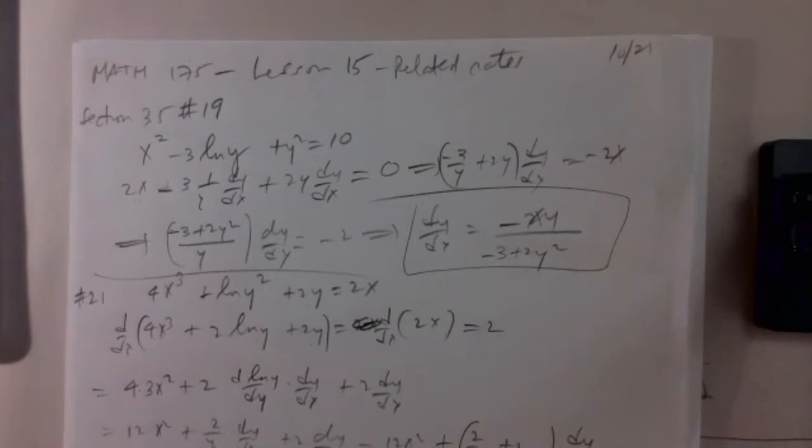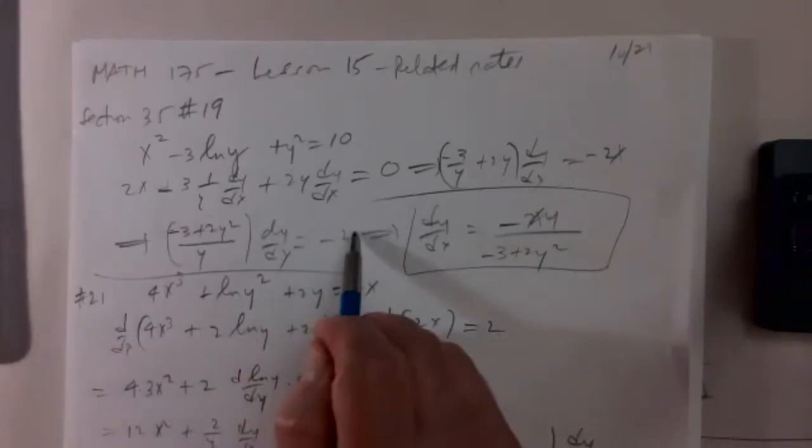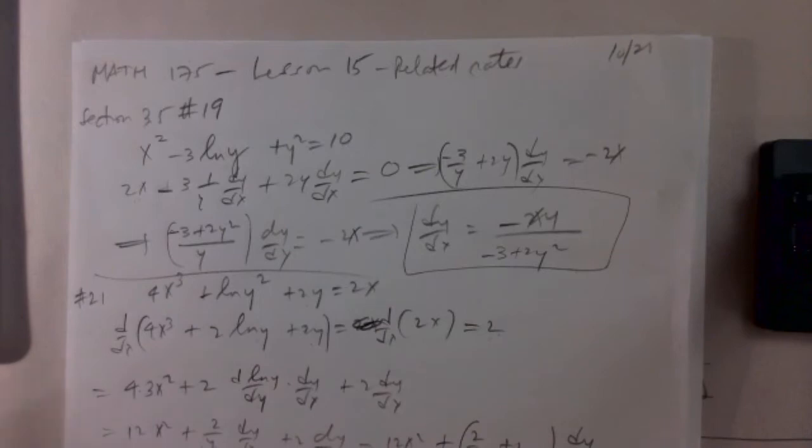Yeah, I'm sorry. So at the end, the x disappeared. How did it disappear? Like at the end where it says negative 3 plus 2y? Yeah. Oh, okay.